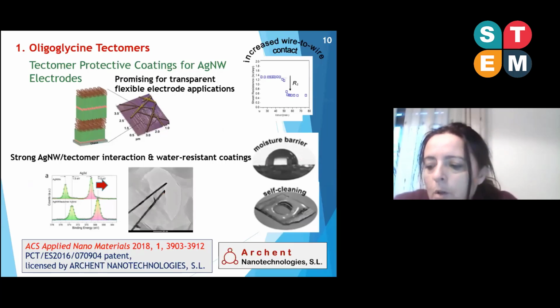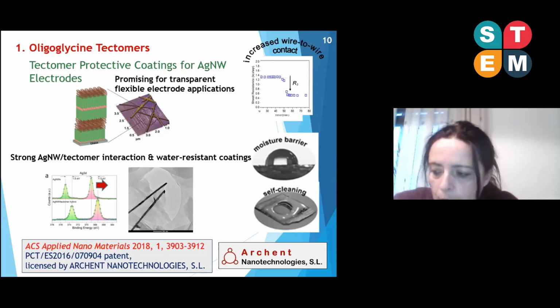We also reported on the functionalization of transparent silver nanowire electrodes with tectomer nanosheets, where the tectomer coating significantly increases the overall electrode electrical conductivity through mechanical squeezing of wire-wire junctions in the silver nanowire network. The strong silver nanowire-tectomer interaction results from the donation of electron density from tectomer amino groups toward the wires.